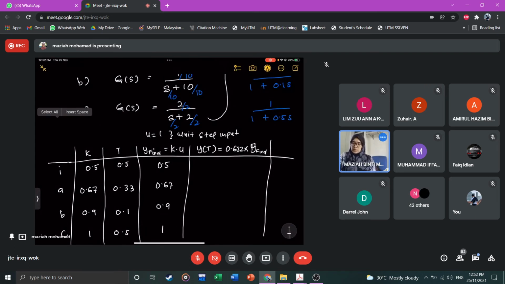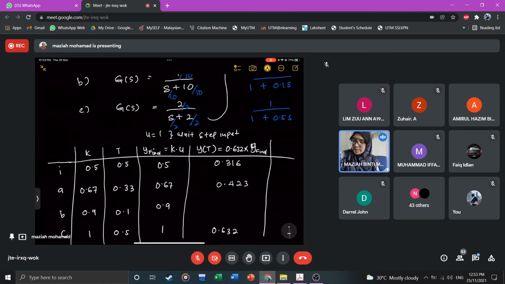That is 0.316. Then 0.632 multiplied with 0.67 is 0.423. And then 0.632 multiplied with 0.9 is 0.57.